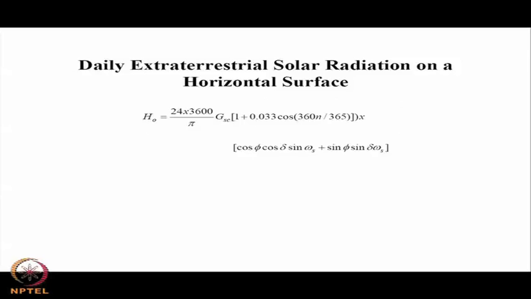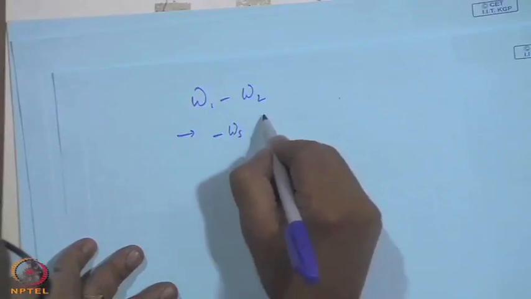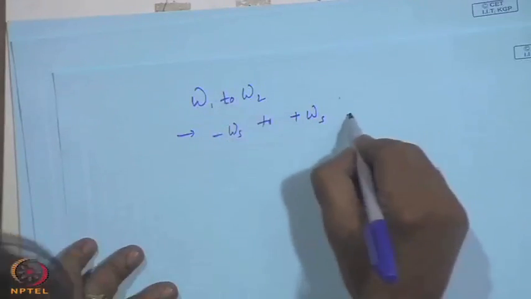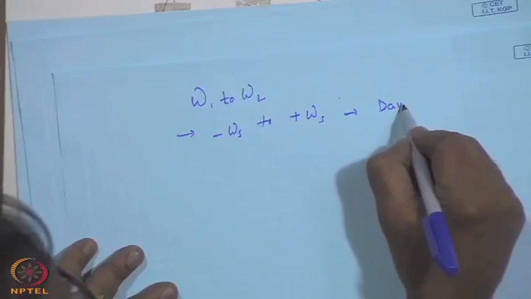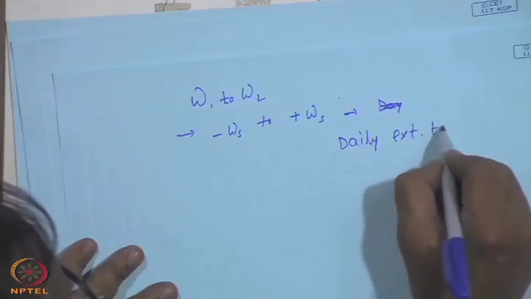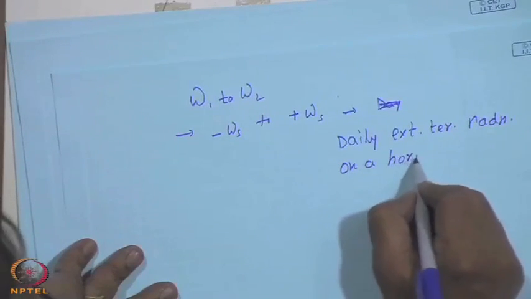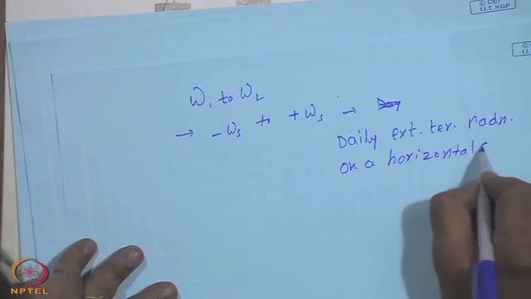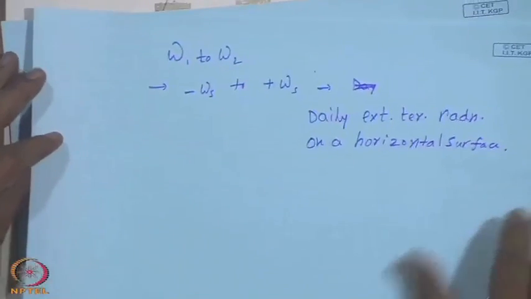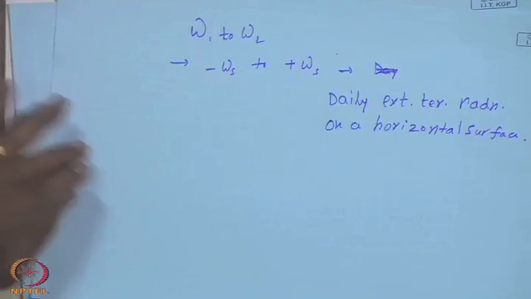Now, if I choose omega 1 to omega 2 as minus omega s to plus omega s, then that will be daily, because instead of the time interval being omega 1 and omega 2, if it is a symmetric function, you can write it as twice of omega 0 to omega s, or minus omega s to plus omega s.